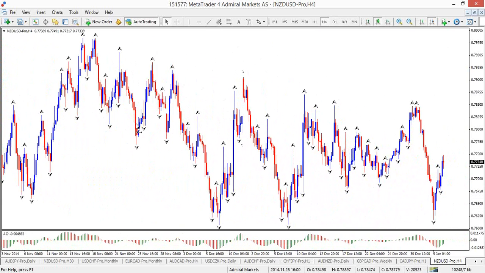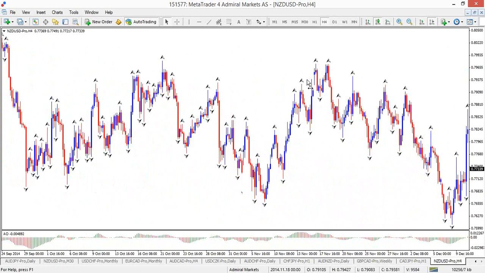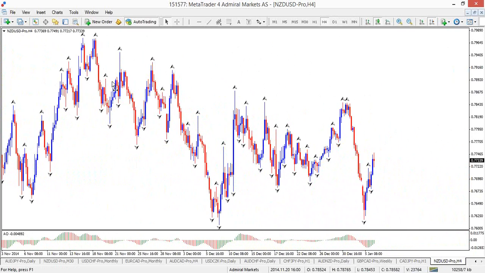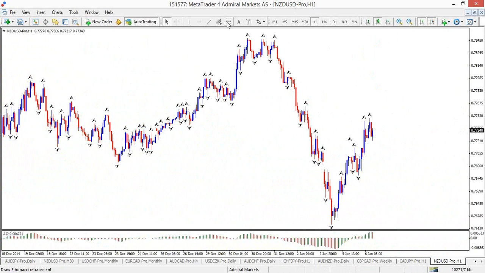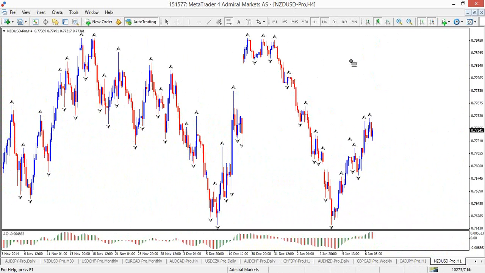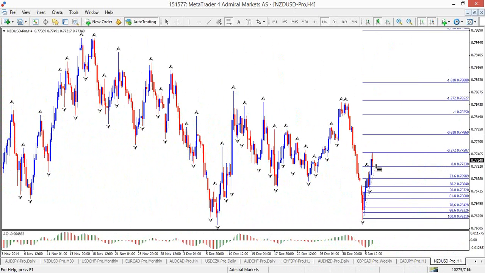Yucky, pretty spiky. Let's see, a sell at 77.70. Looks to make sense to me. Let's put a fib from here to here.